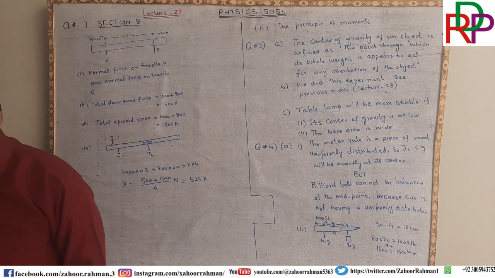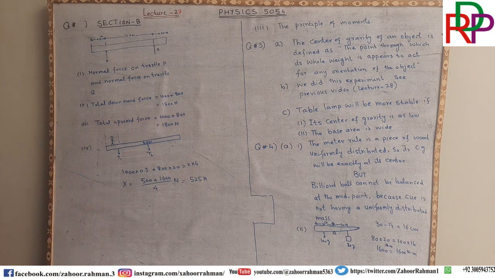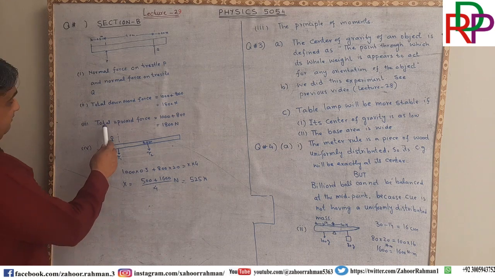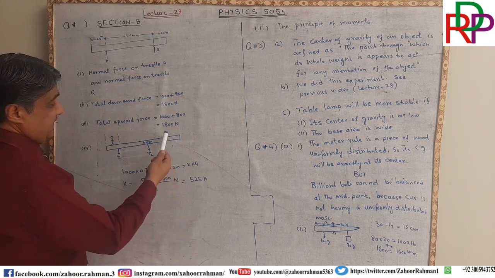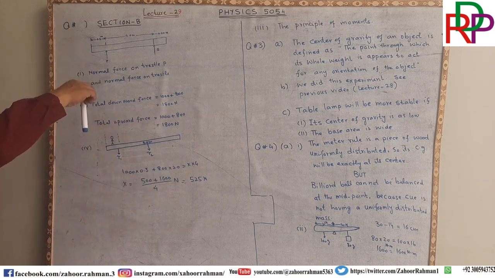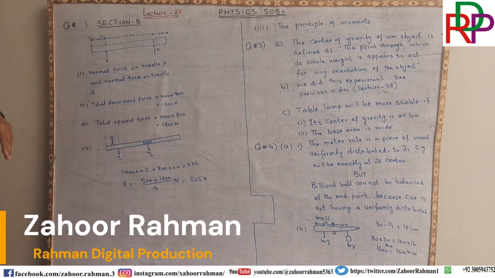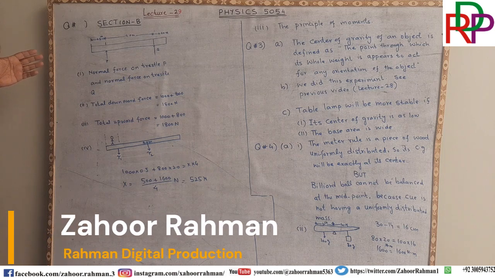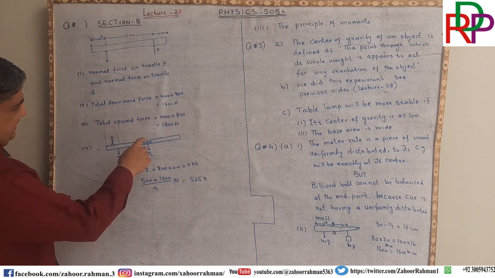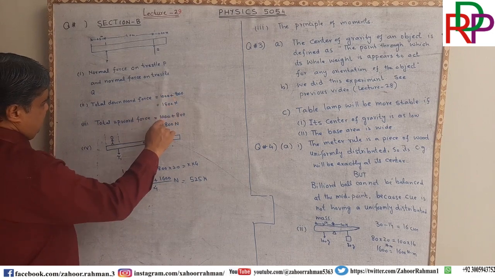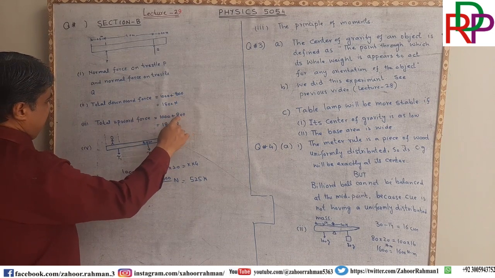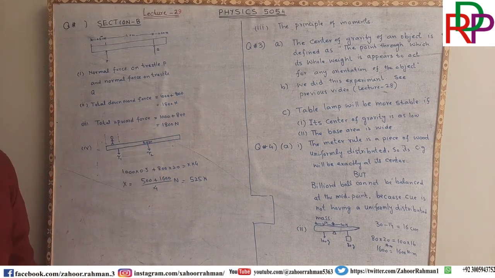The third part is saying: what is the magnitude of the total upward force exerted by the trestles on the plank. So the total upward force will also be 1800. If the downward force is 1800, then the reaction force or the contact force will also be equal to this. So 1000 plus 800 is equal to 1800.